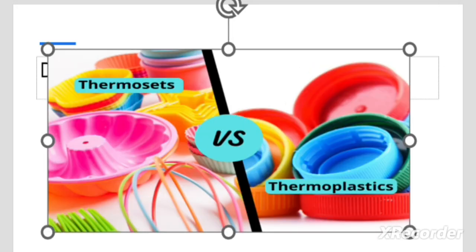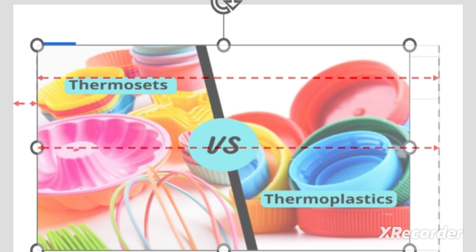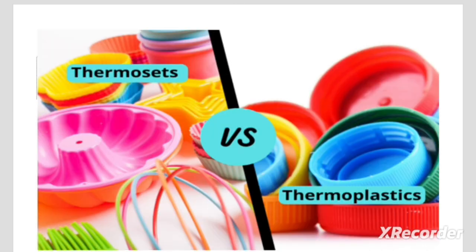Now we are looking at their exact differences. Next, thermosoftening plastics consist of linear chains with negligible cross links, but thermosetting plastics are three-dimensional due to cross links.